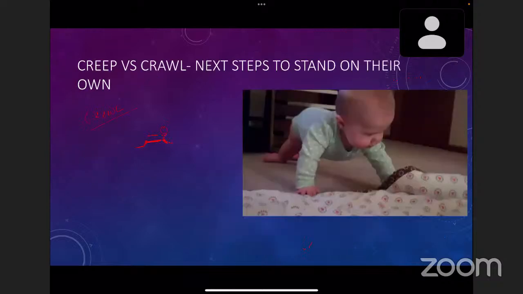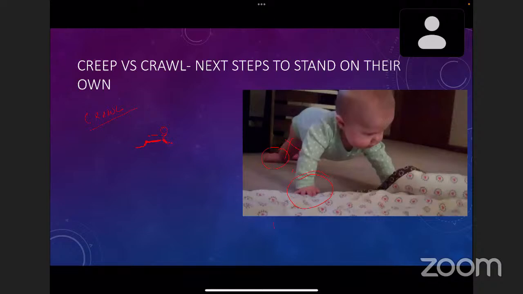There is another phenomenon which you are seeing in this photo. Here, the child is using both hands and feet, not the knee. If you notice, the knee is not touching the floor. This milestone is just acquired before the child can stand without support.